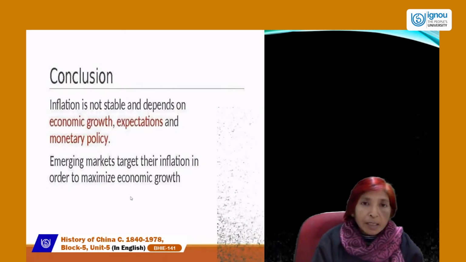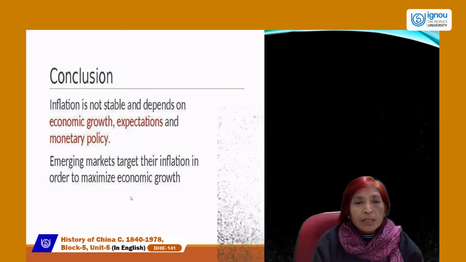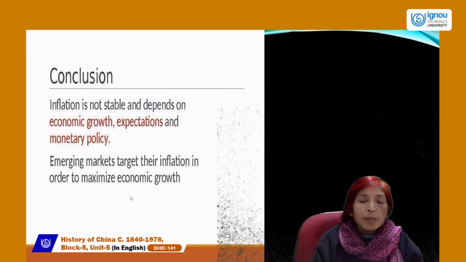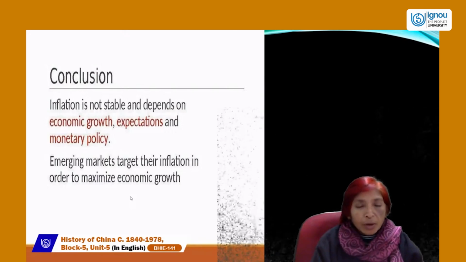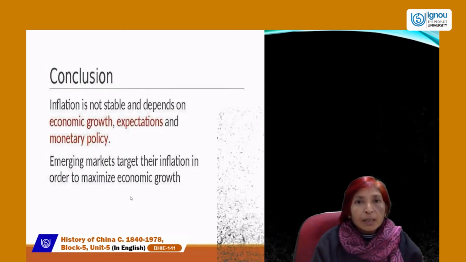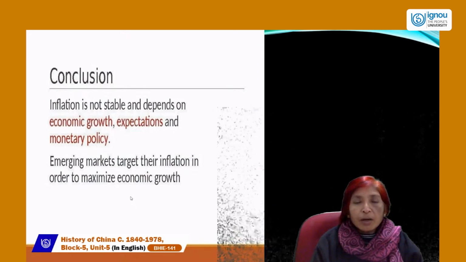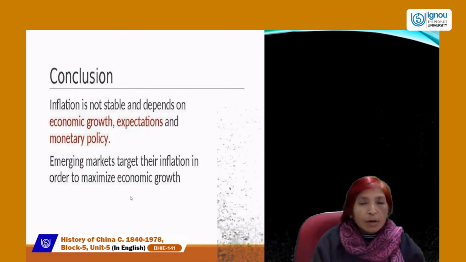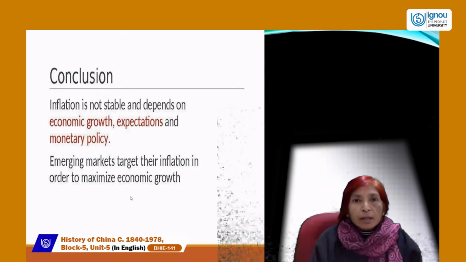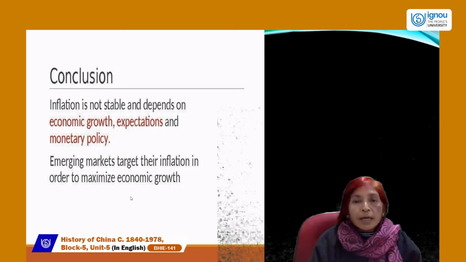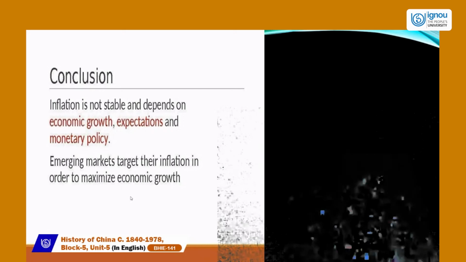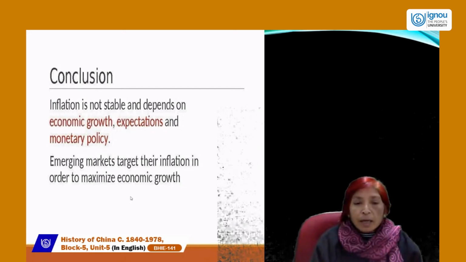So RBI can increase the rate of inflation and solve the problem of deflation, and RBI can solve the problem of inflation. If RBI follows a strict monetary policy, then inflation will be controlled. And if RBI follows a contractionary monetary policy, then inflation will be controlled, and an expansionary monetary policy at the time of deflation. So, emerging markets target their inflation in order to maximize economic growth.